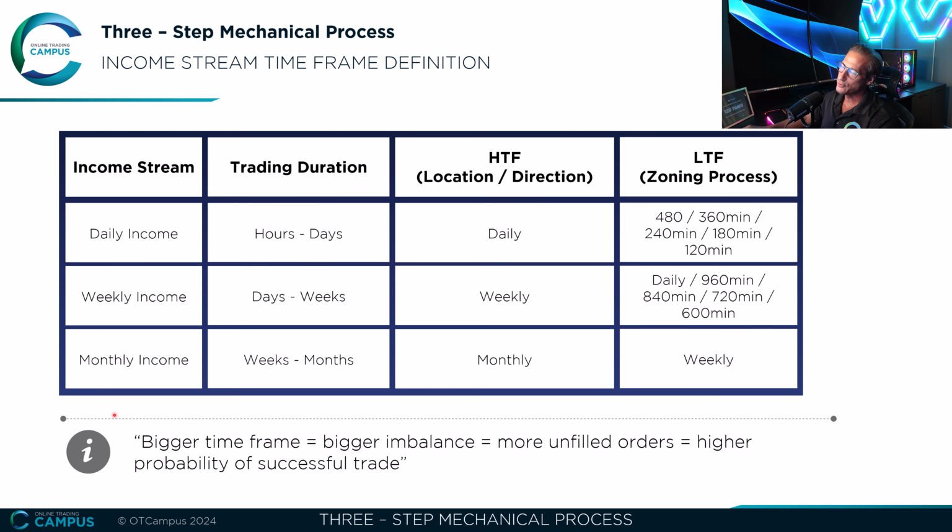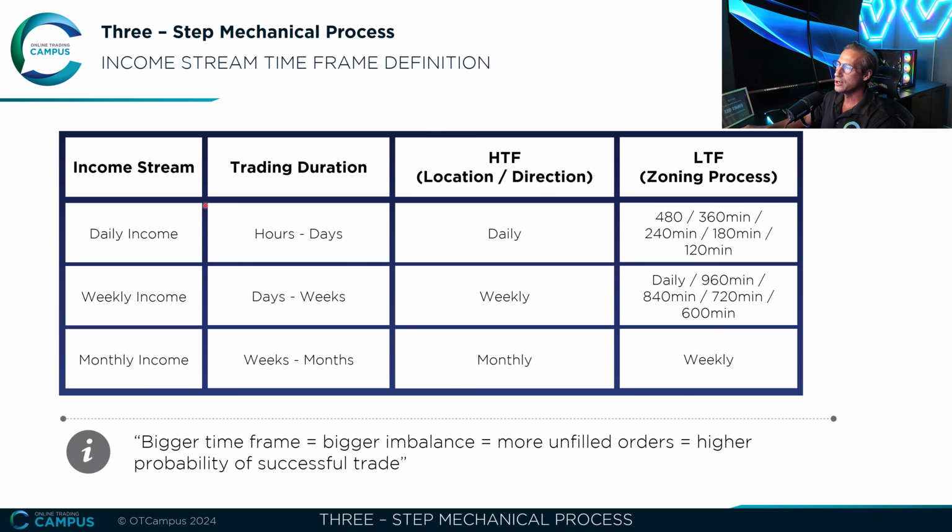And what you have to understand in terms of the supply and demand concept, and that's really, really important: the bigger the time frame, the bigger the imbalance, the more unfilled orders, the higher the probability of a successful trade. And that's why I'm such a big fan of weekly/monthly income, because I see the big picture of any market. And I have a higher probability of a successful trade.